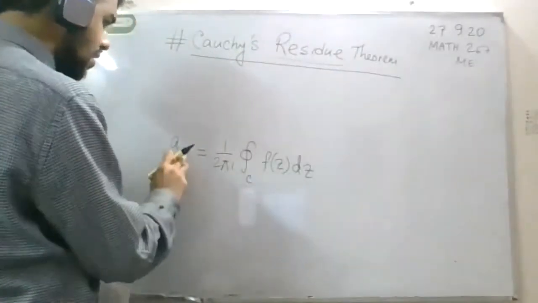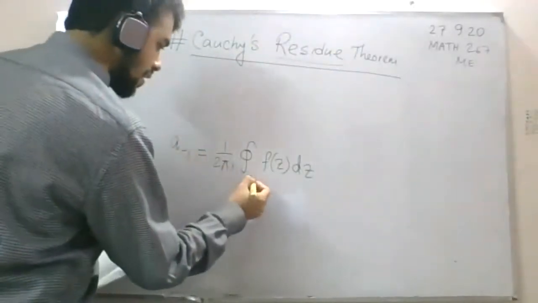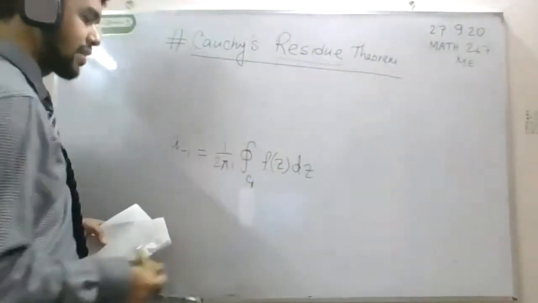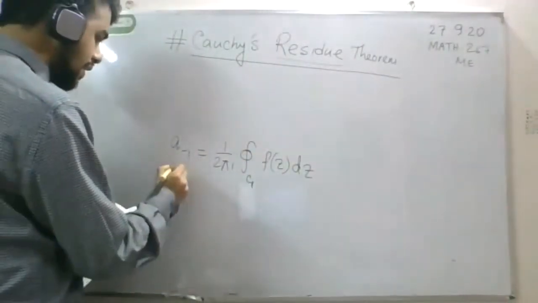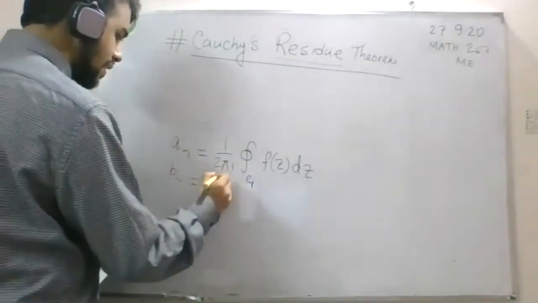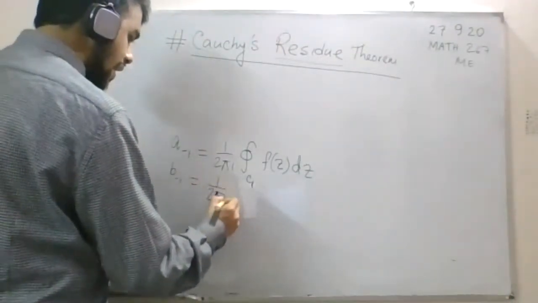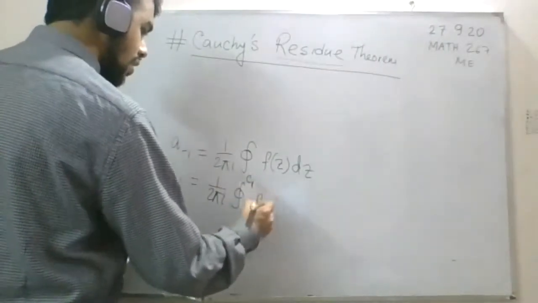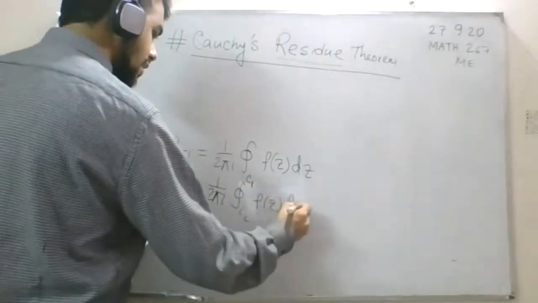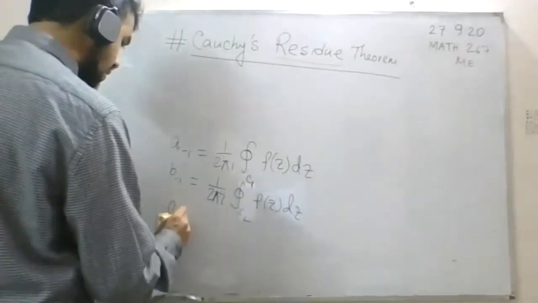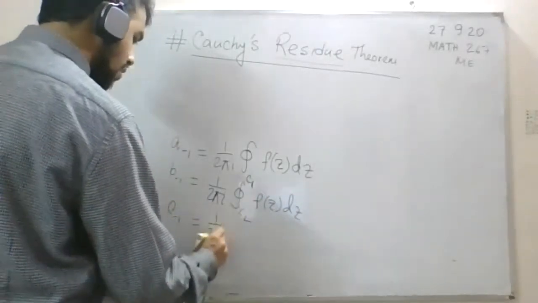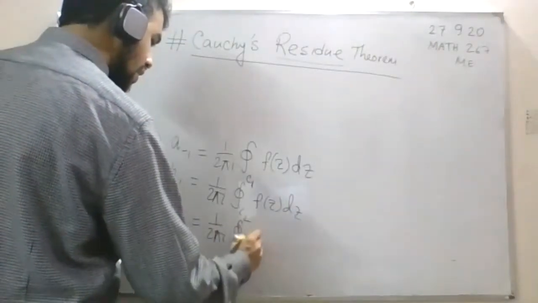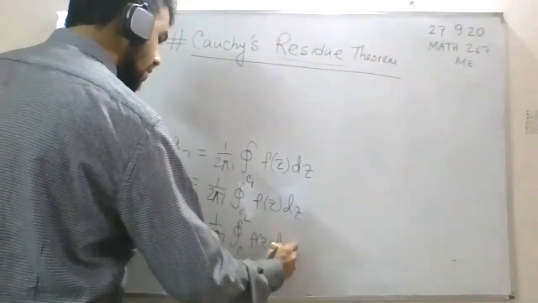So by using this, for the point a, that can be written as C1. Now for b subscript -1, you can also write 1 by 2 pi i into the integral over C2 of f(z) dz. And c subscript -1, you can write 1 by 2 pi i into the integral over C3 of f(z) dz.